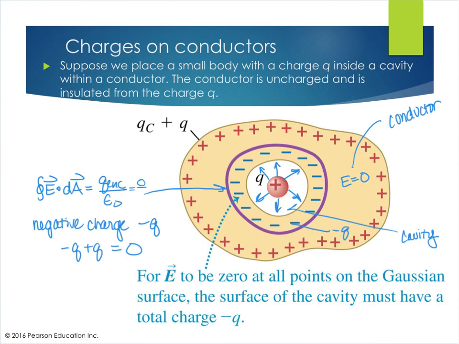Now, what happens then? Okay, well, maybe the conductor had a total charge of something, like whatever it is, 3 microcoulombs, whatever. When the negative charges went in here, that left an excess positive charge on the surface that would be equal to the charge of the conductor plus this positive.